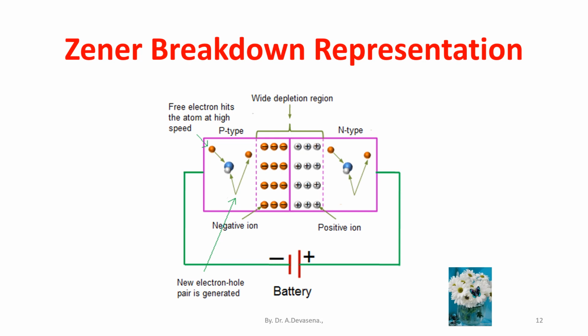A free electron hits the atom at high speed. Because of that, a new electron-hole pair is generated. This is indicated in this diagram. Due to this, Zener breakdown occurs.